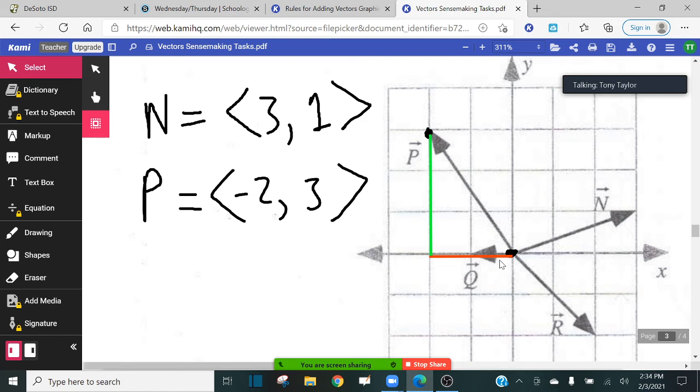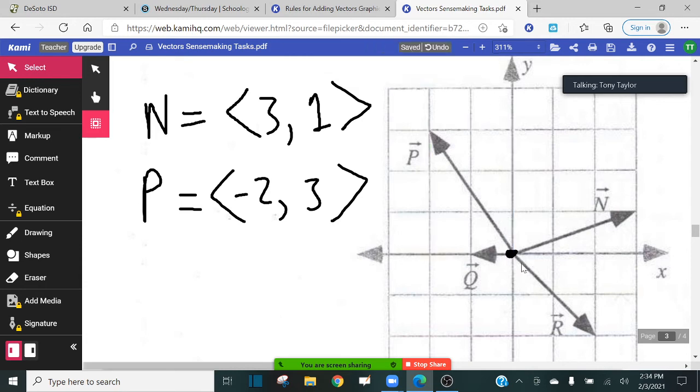Anthony, can you just explain your question? Because I was confused about the negative 2, so I wanted to know if you can tell when a vector is negative by the direction that it's in. Like, for example, P, you said is going to the left by 2, so then it's negative 2.